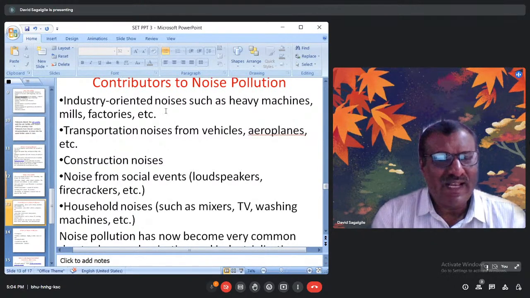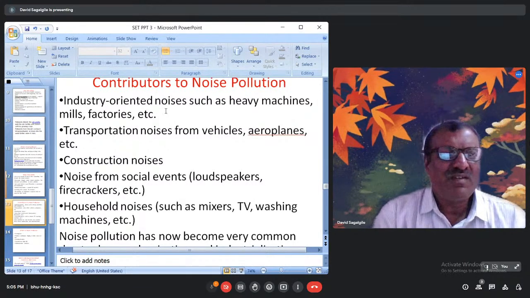Even firecrackers during festival times not only cause smoke and air pollution, but they also cause a huge amount of noise pollution as well. Then playing of the huge drums, what we call dhol tasha, when these are played, a huge amount of noise pollution is created.